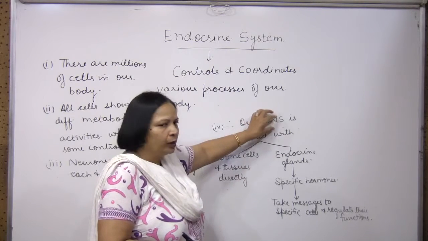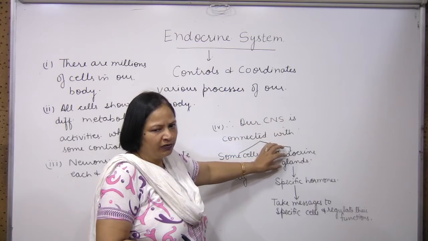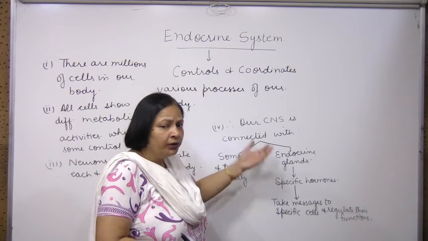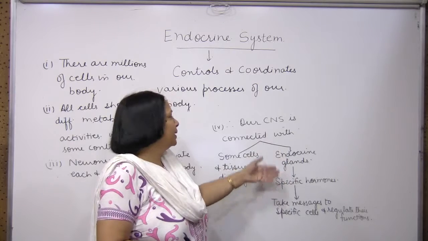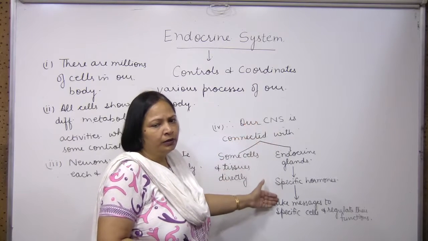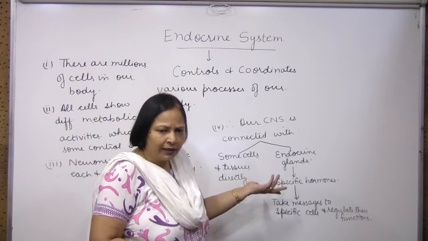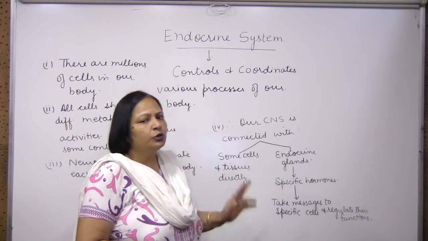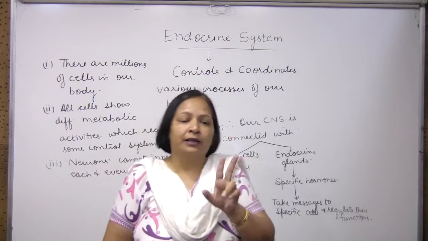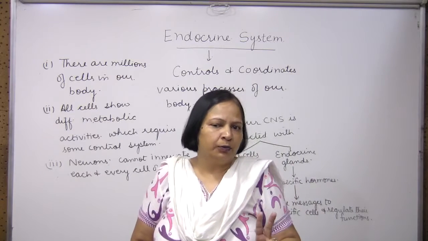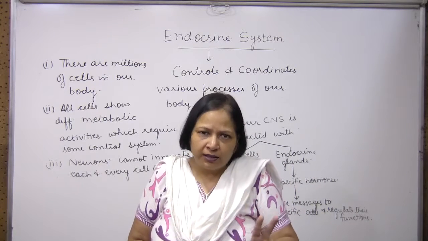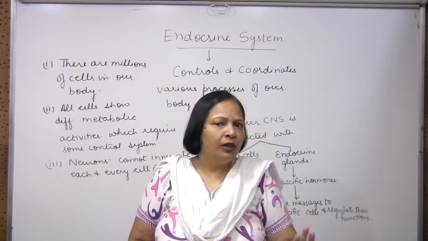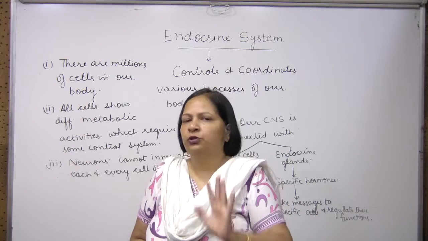When required, it sends signals to the specific endocrine gland, which secretes a specific hormone, and this hormone takes the message of the central nervous system to the specific cell, and the cell then acts accordingly. Is it clear, students? So there are two systems in our body, the nervous system and the endocrine system, which control and coordinate all the activities of our body.